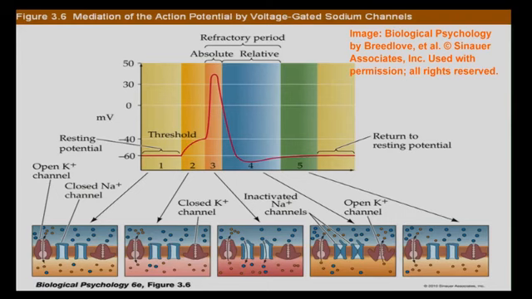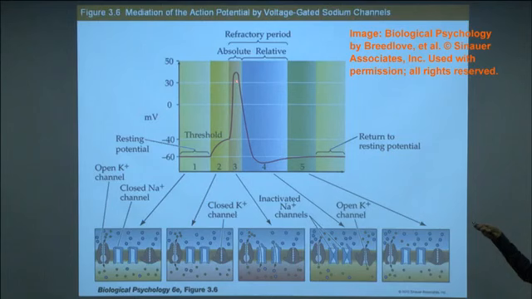Okay. Now, I also want to go over two very important concepts. The major concept is called refractory period. This is a period where it's much harder to elicit a second action potential after a first action potential has been elicited. There are two different kinds of refractory periods, an absolute refractory period and a relative refractory period.